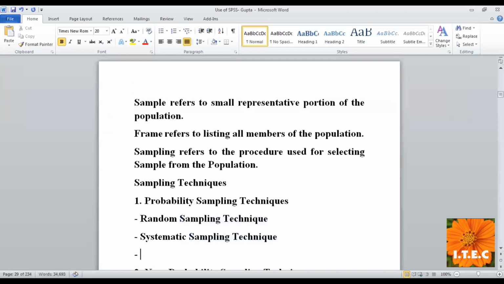And another is called stratified random sampling technique.